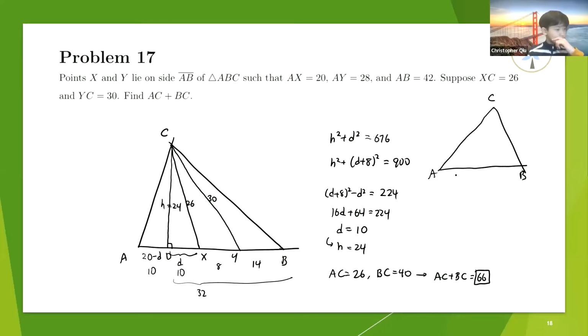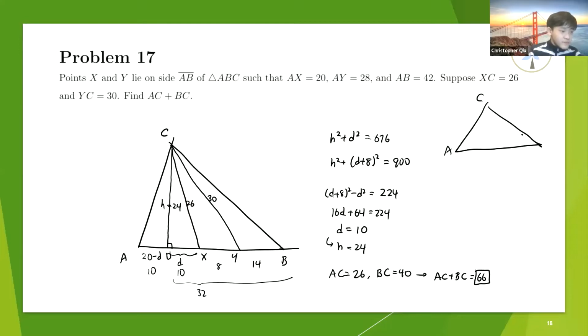Or if we have CXY acute, what that would mean is that we would have something like this instead. ACB, and here we have x over here with the 26 and y over there with length 30.